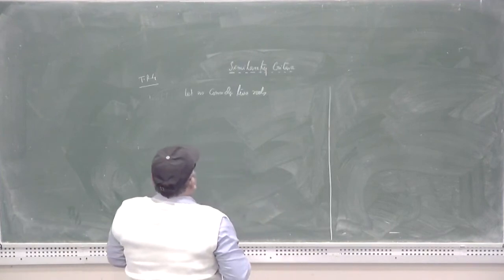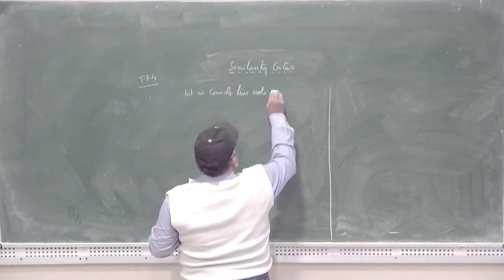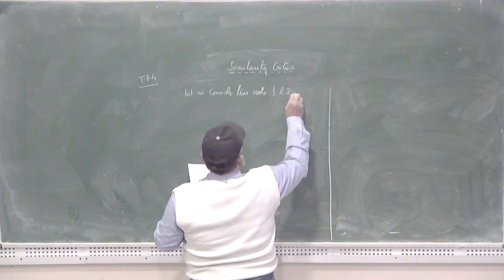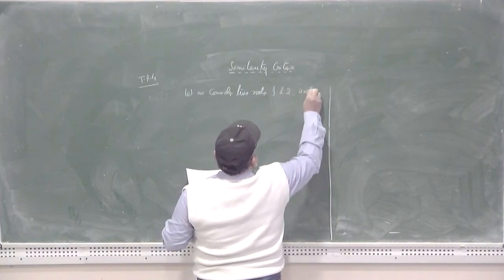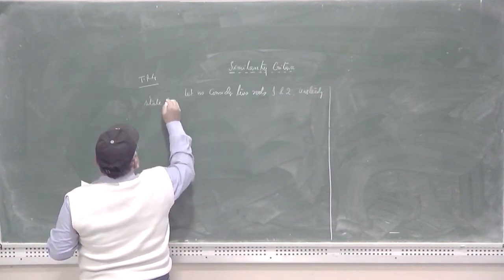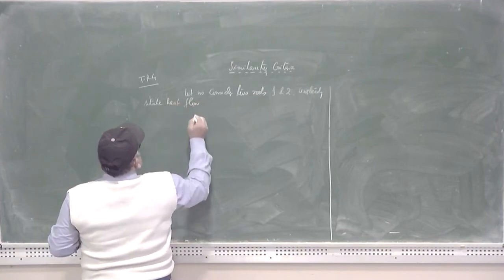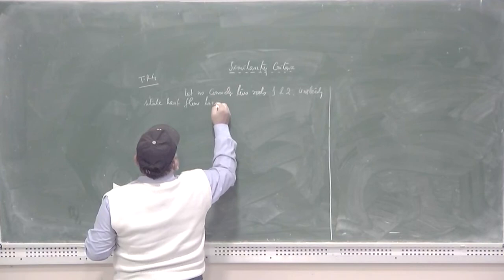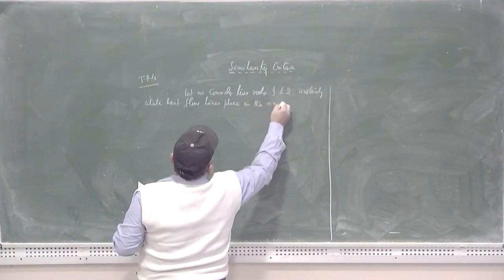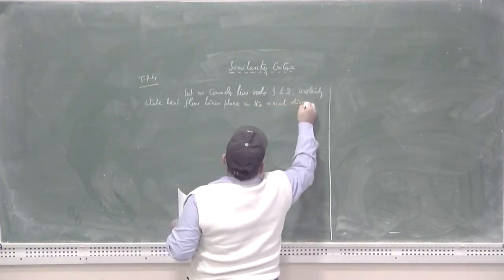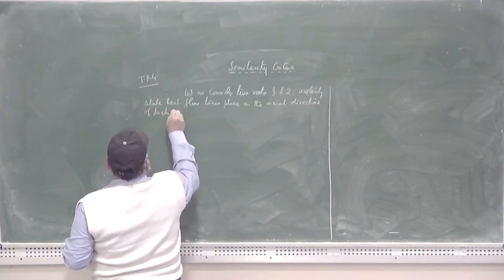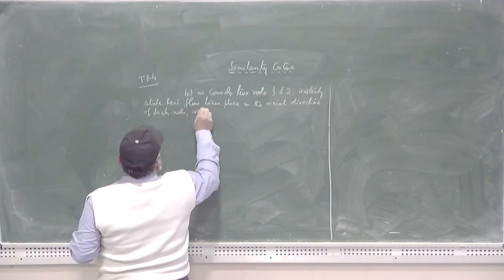Let us consider two rods 1 and 2, and unsteady state heat flow takes place in the axial directions of such rods, represented through the equation.